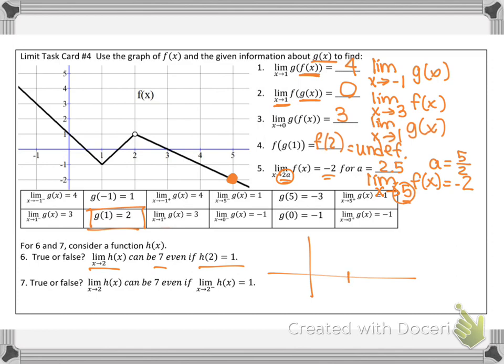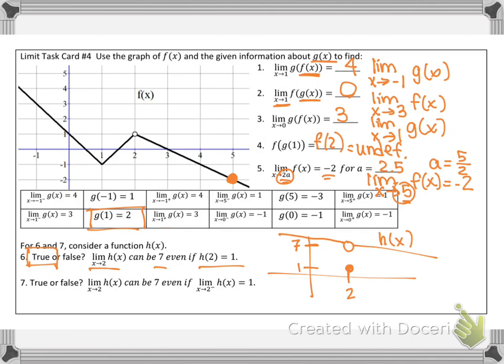So on the graph of h of x, our graph can have a limit of 7 as long as the graph approaches an output of 7 from the left and the right. And we can have the function value elsewhere. H of 2 can be down here at 1, and our limit can equal 7. So that definitely is true.